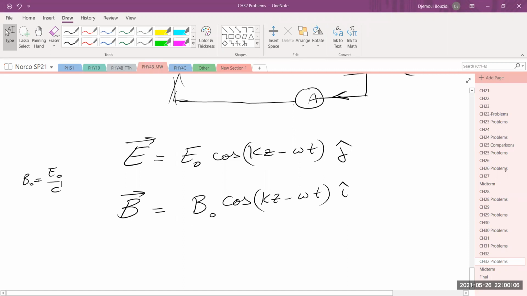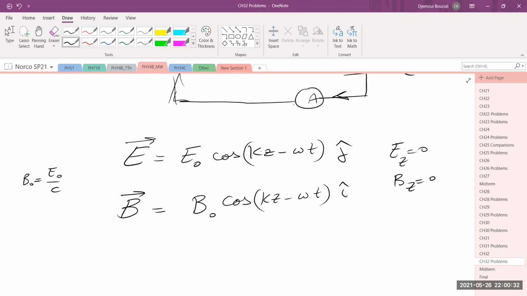Both of them, in other words, EZ is equal to 0 and BZ is equal to 0 from this thing. Had they put an X in here, then I can tell you EX is 0 and BX is 0. Okay? So in this case, there is no electric field along the Z direction and there is no magnetic field along the Z direction.